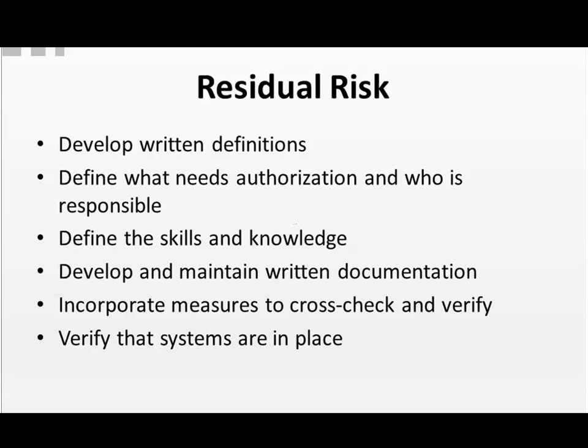Define the skills and knowledge necessary to implement the system and provide a provision for training those who don't possess those particular skills. You must develop and maintain written documentation to demonstrate conformance to policies and procedures. You must incorporate measures to cross-check and verify that procedures are followed. And finally, you need to verify that systems are in place and are functioning properly.